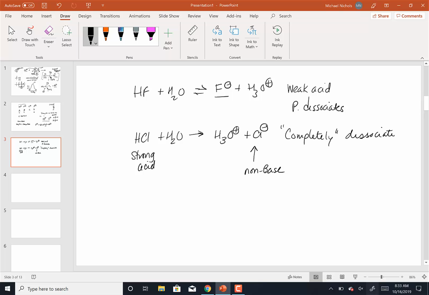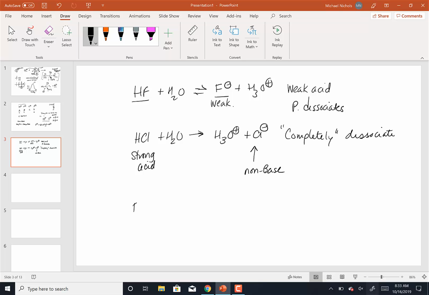But what's the conjugate base of a weak acid? The conjugate base of a weak acid is a weak base. Because the definition of weak is it's involved in an equilibrium.